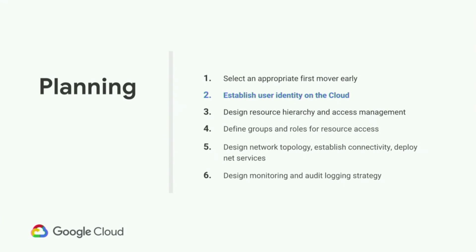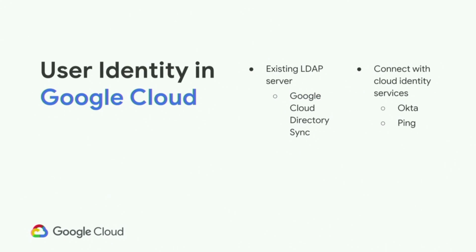Now we've identified a good first mover. The next steps are about setting up the cloud foundation. So we'll start by establishing a user identity on the cloud. For a number of companies, you already have an existing LDAP server, like Microsoft Active Directory, running on premises or in your data center.